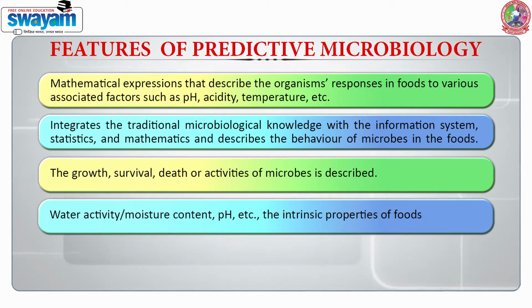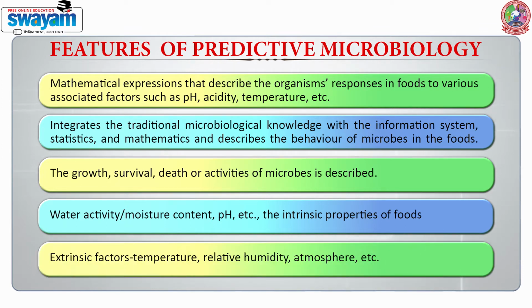And these activities are dependent upon certain intrinsic properties of the food. These properties can be the moisture content, the water activity, the pH, and side by side the extrinsic factors are also playing a very important role, and these extrinsic factors can be zeroed on to temperature, relative humidity, atmosphere, etc.